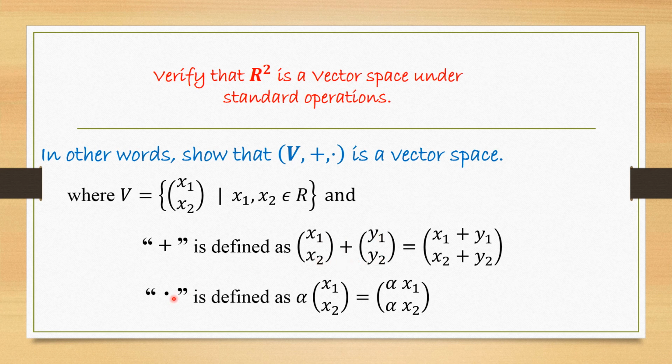Scalar multiplication is defined as alpha times x1, x2 equal to alpha x1, alpha x2. So step 1, we have identified the objects. Step 2, we have defined the vector addition and scalar multiplication for the objects we have considered.